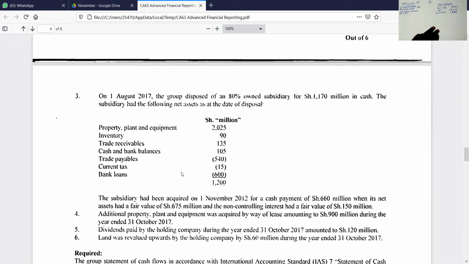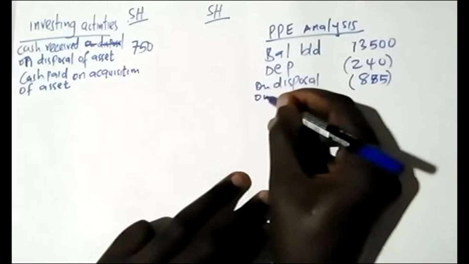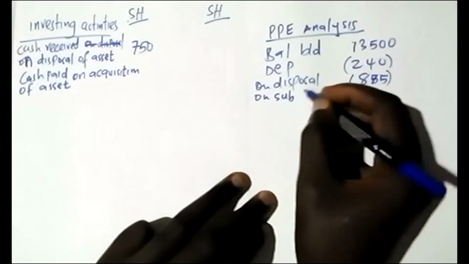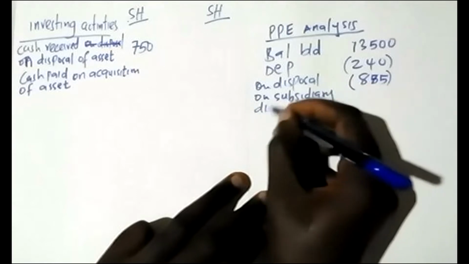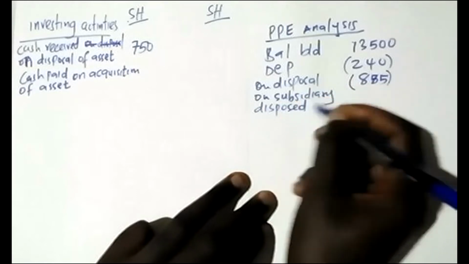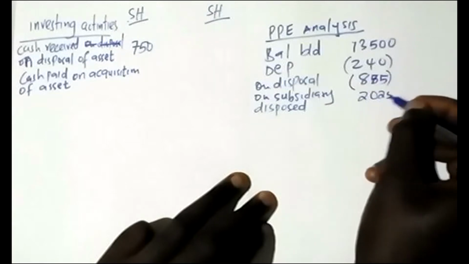This one was disposed. So this subsidiary was having property, plant, and equipment of 2025 on subsidiary disposed. So talk about 2025.